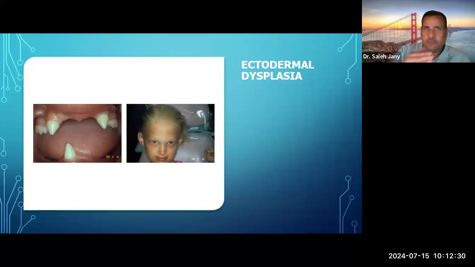Anyway, the ectoderm usually forms the skin and the enamel, and the mesoderm forms the pulp and the dentin.